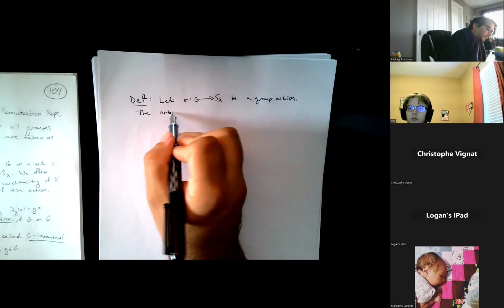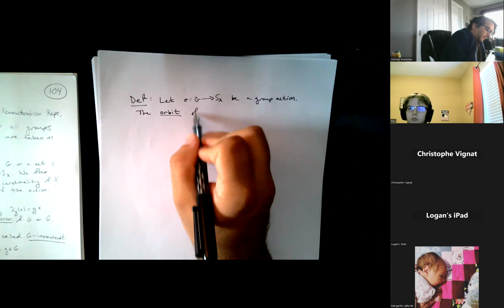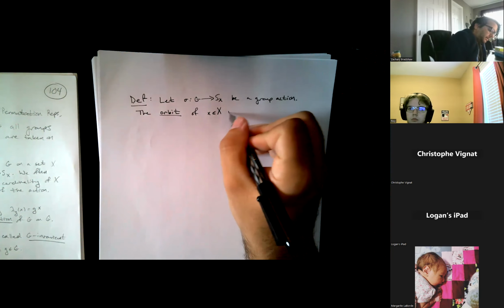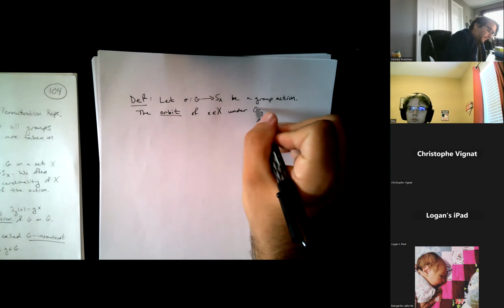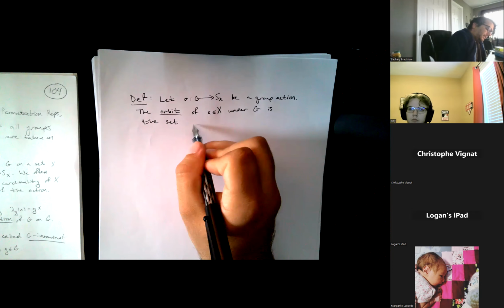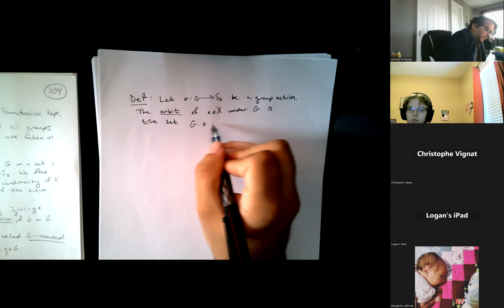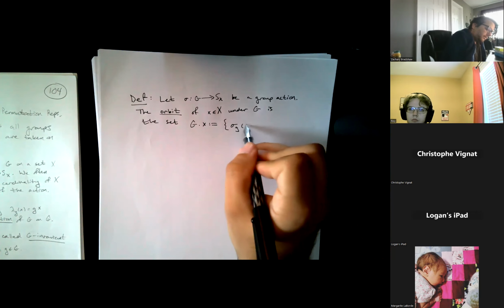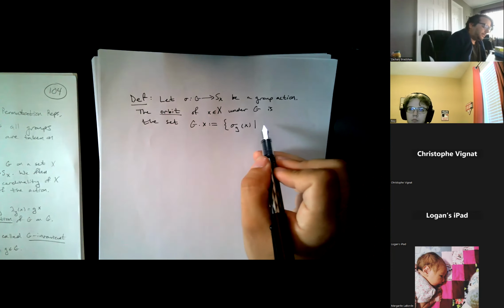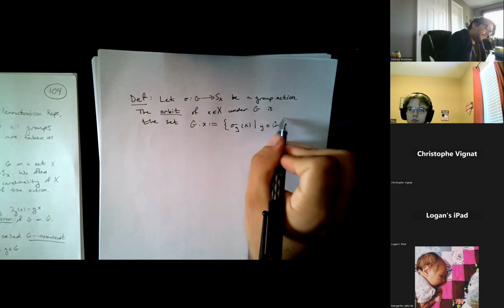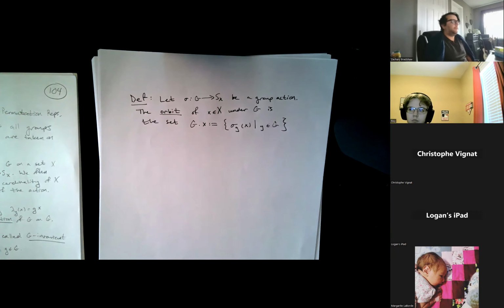The orbit of some element x in the set X under the group G is a set given by, well, you essentially just act on X with every element of G. And the resulting set is called the orbit.